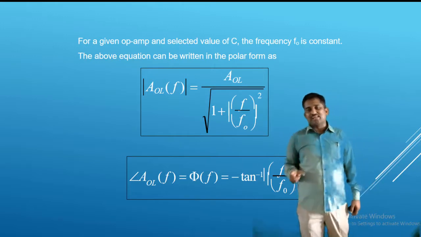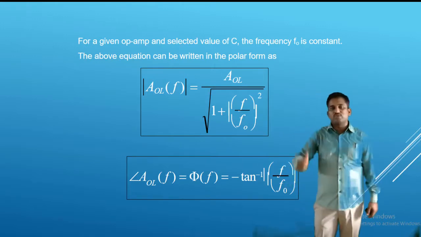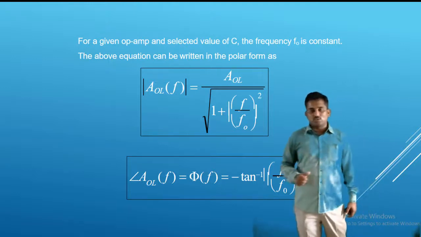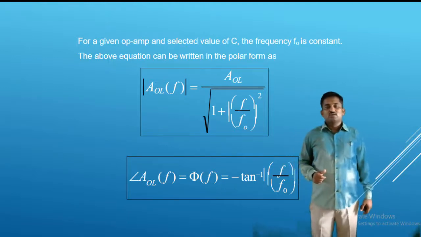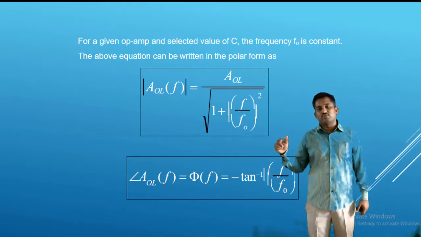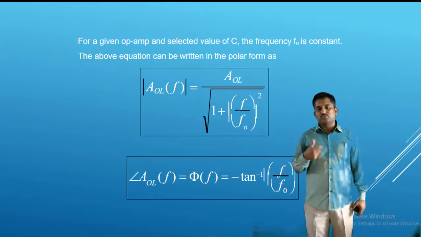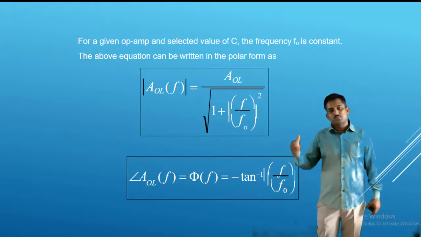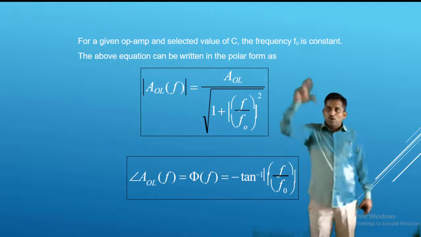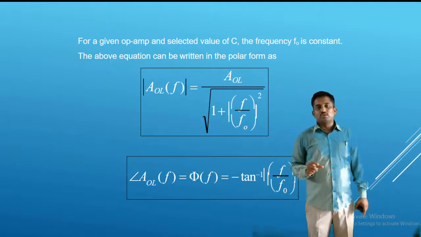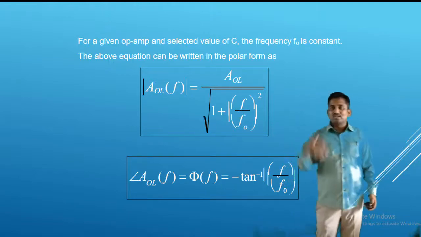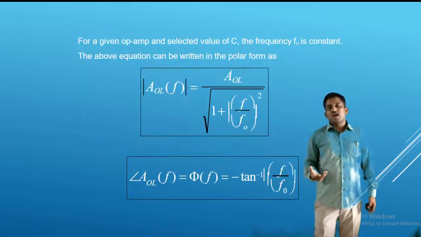Gain margin is calculated at phase crossover frequency, whereas phase margin is calculated at gain crossover frequency. Gain margin is equal to minus 20 log of modulus of A0 L of f, whereas phase margin is 180 degrees plus angle of A0 L of f. If both the values are positive, then we can tell that the system is stable. If any one is negative, then the system will be unstable.